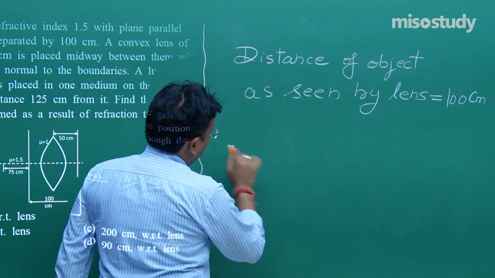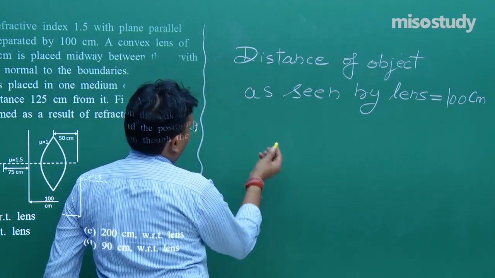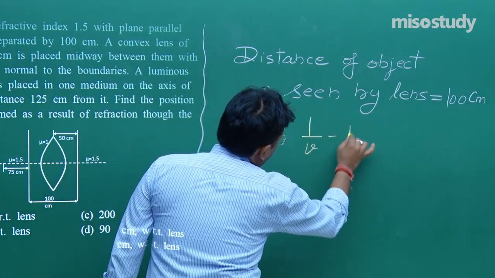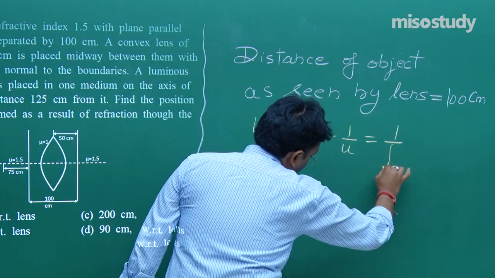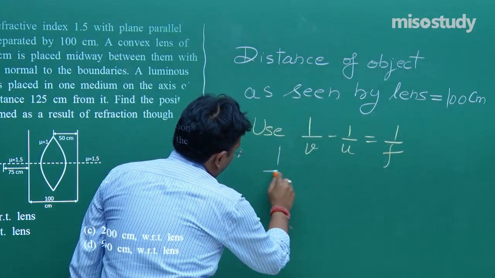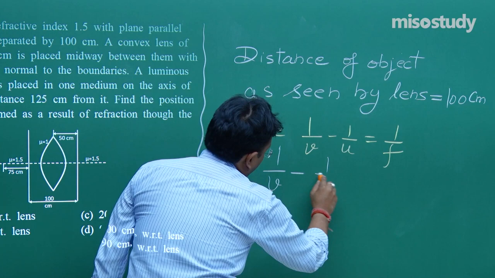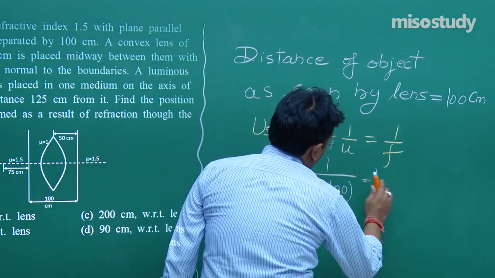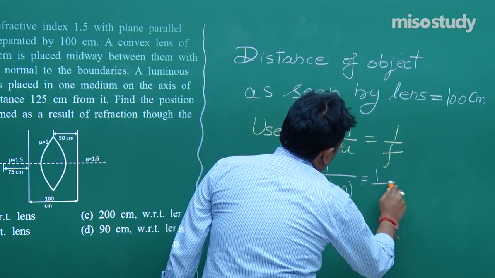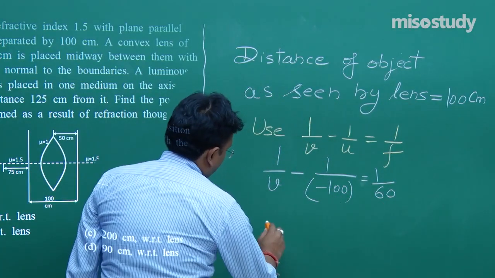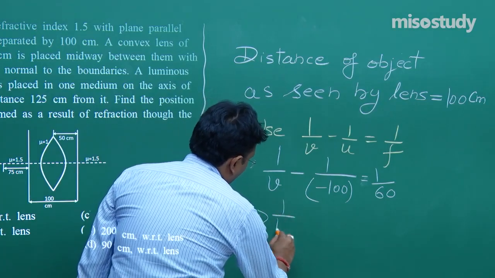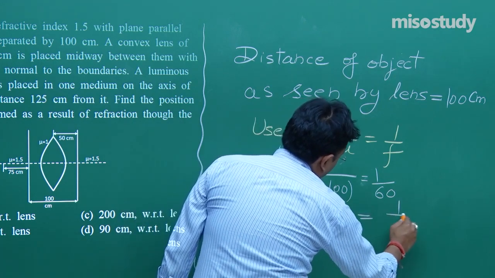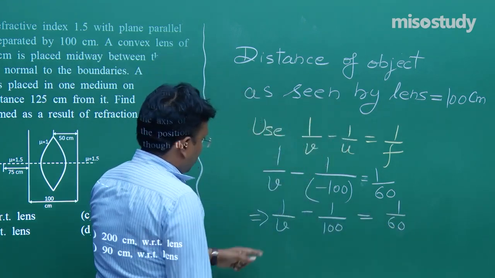Then, let us say use this yellow color. Use the formula 1 upon V minus 1 upon U is equal to 1 upon F. Fine. So, 1 upon V minus 1 by minus 100 is equal to 1 by 60. Fine. So, from here what you will get, 1 by V minus 1 by 100 is equal to 1 by 60.